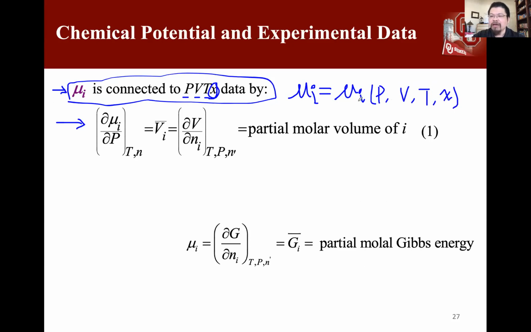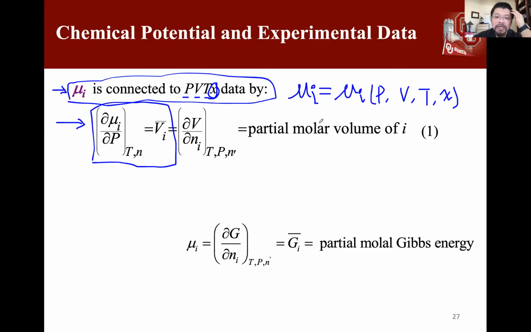So if this is the case, if I have a function, then of course I can know the value of the corresponding chemical potential. And I give you the gift, which is that this is always valid. When we take the partial derivative, because now if you try to measure mu_i, naturally you would think of the partial derivative like we have utilized a few times. We take the partial derivative and try to understand the dependence of chemical potential on pressure, volume, temperature, and composition.